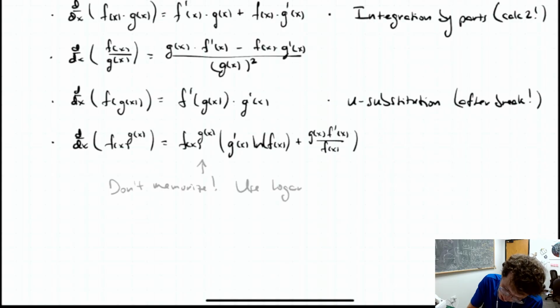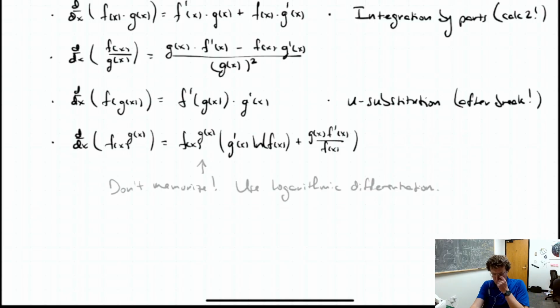The way that you should actually compute a derivative like this is using logarithmic differentiation. One reason you should not memorize this is that I just wrote this down by trying to do the logarithmic differentiation in my head, and I wouldn't bet my life that I didn't make a small mistake somewhere in here.